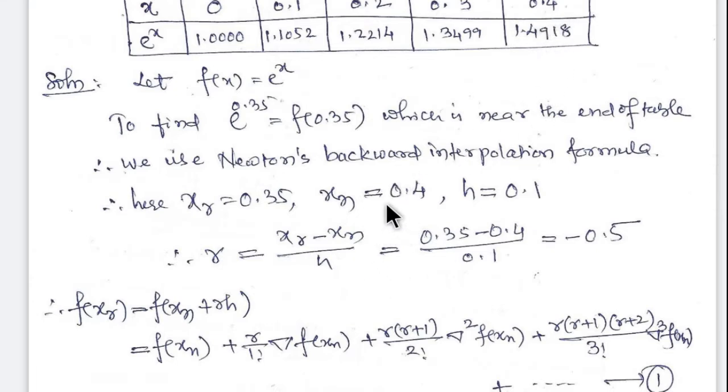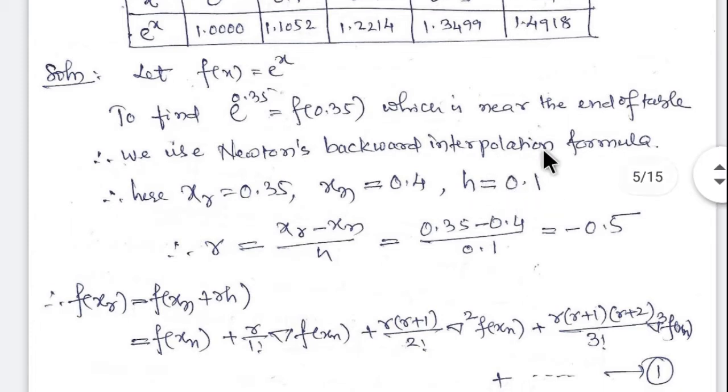When you are using the beginning of the table, you take x naught; when you are using the end of the table, you take x_n. So x_n equals 0.4. For h, the equal interval of differencing: 0.1 minus 0 is 0.1, 0.2 minus 0.1 is 0.1, 0.3 minus 0.2 is 0.1. So h is 0.1, equally spaced.